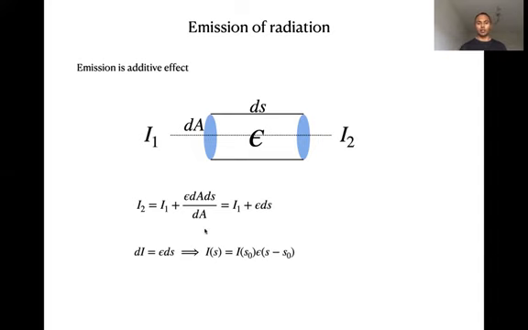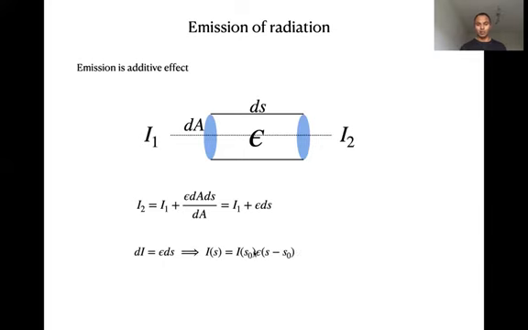This whole quantity here has units of specific intensity, and so this is the additional specific intensity. It just works out to be epsilon times ds. Again, that's a very simple equation to solve. There's just an addition of specific intensity of epsilon times S minus S naught. So that's pretty simple.